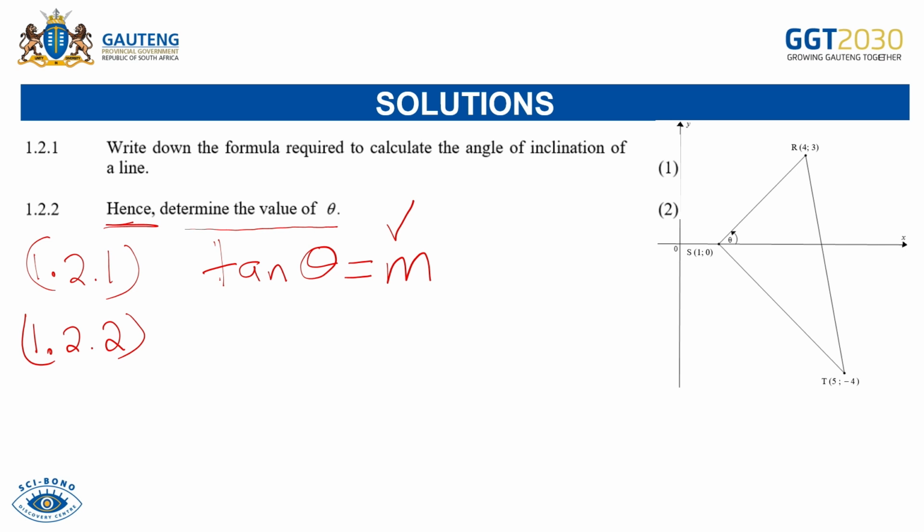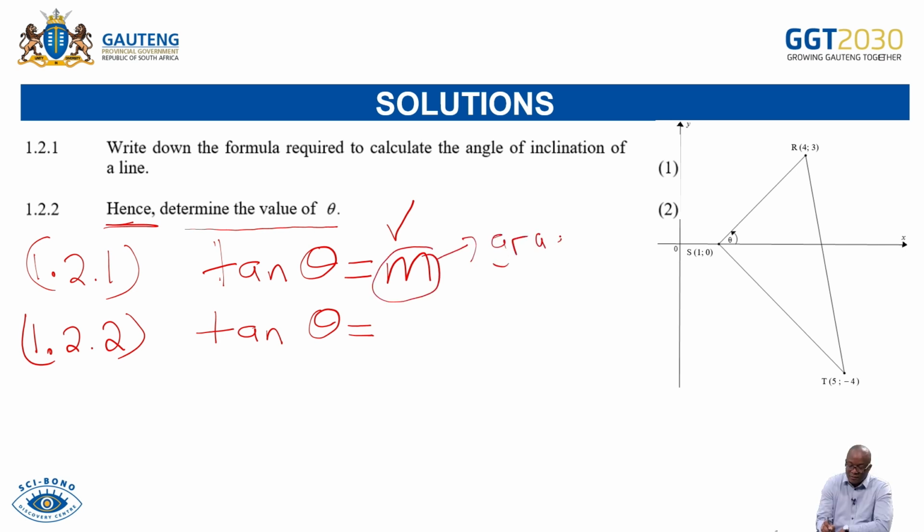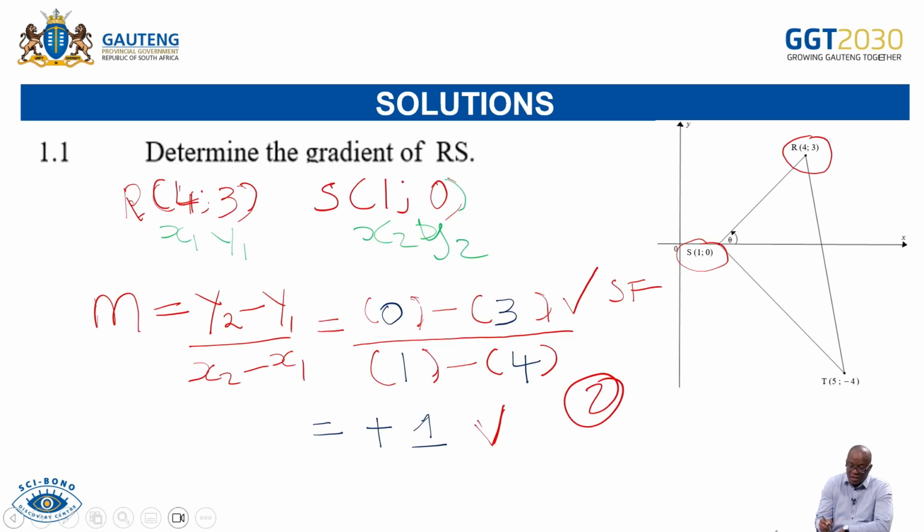Then you have your tan of theta, which is equal to m. Remember, m basically represents the gradient. And if you can check there, we have determined the gradient of SR, which is 1.